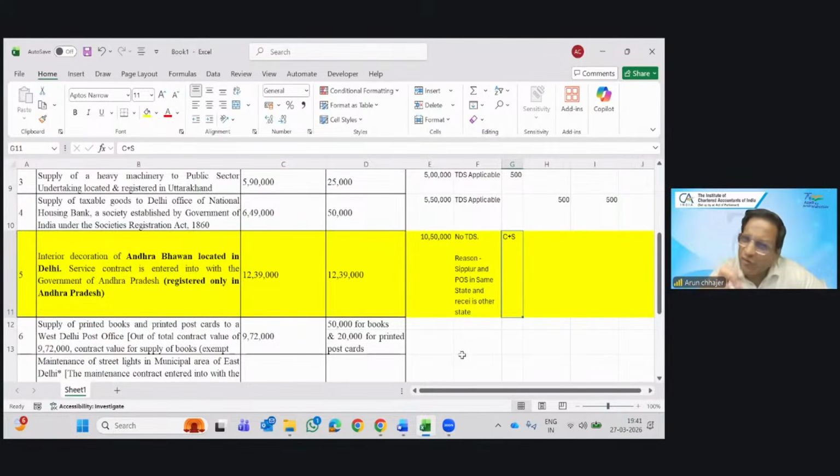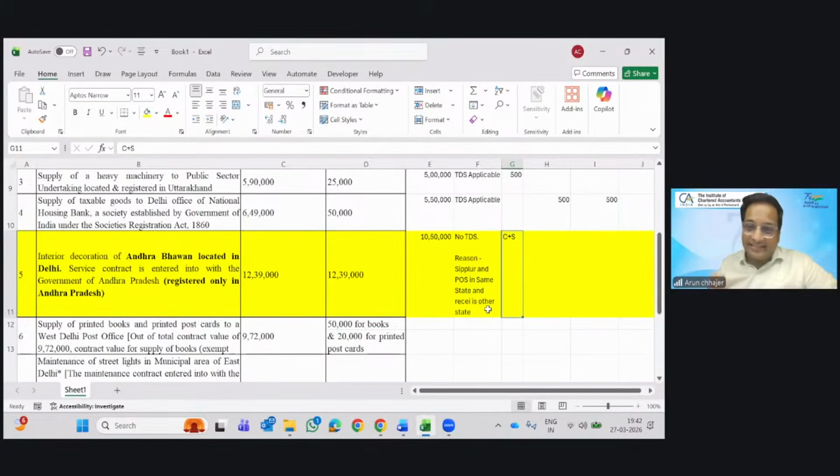Logic also clear. Try to understand the logic. I am explaining the reasoning for no TDS. If this supplier charges the tax CGST and SGST, can you tell me whether this SGST belongs to Andhra or to Delhi?